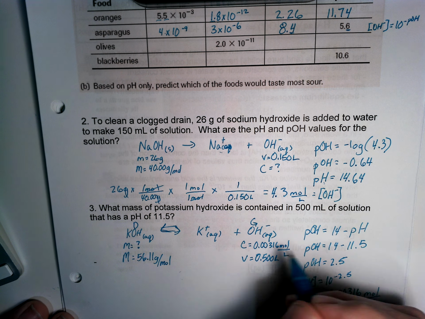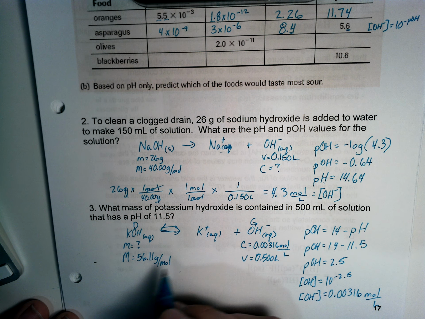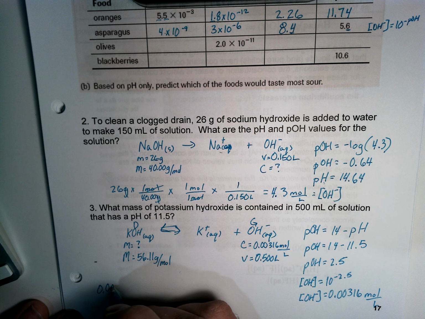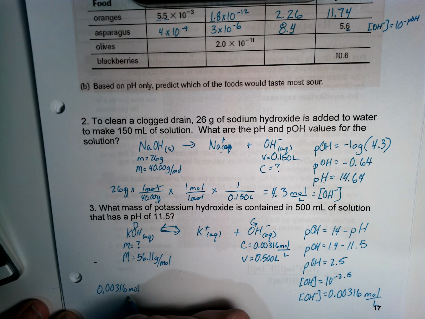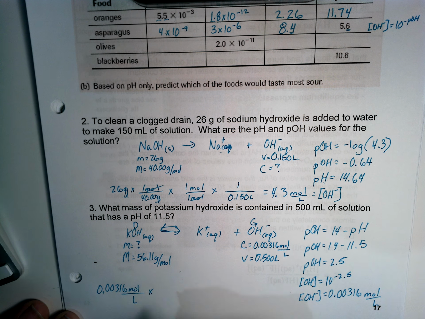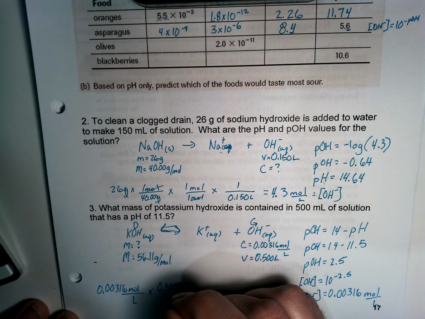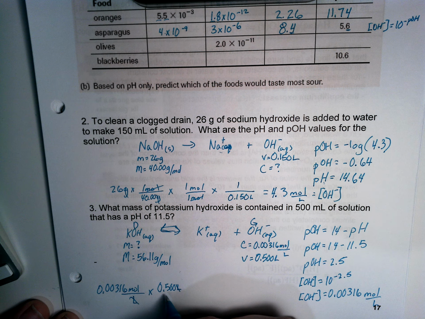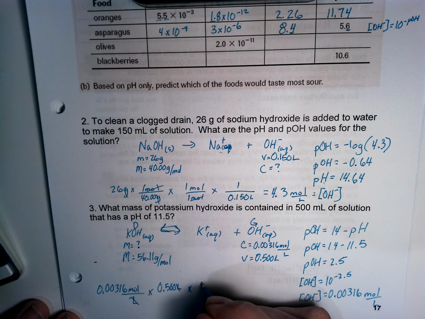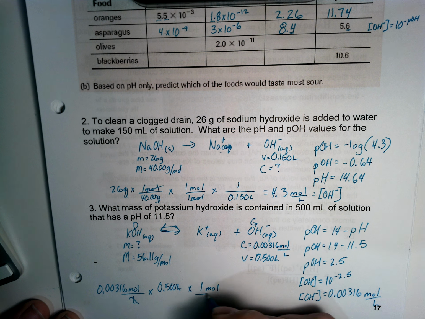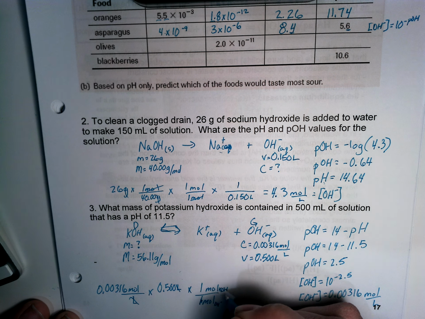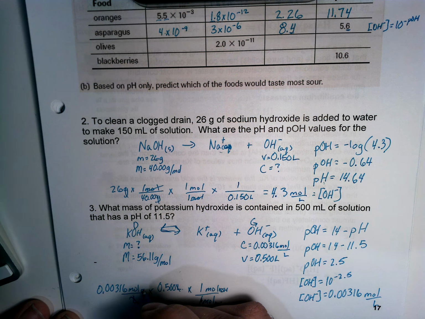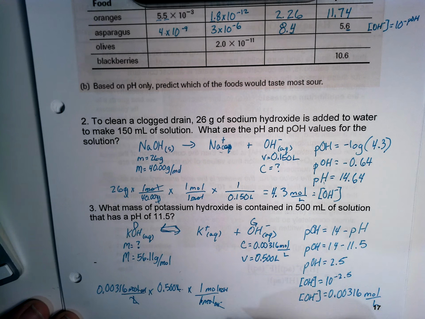Now we're just using stoich. It's a 1-to-1 ratio again, so we'll start with our concentration, 0.00316 moles per liter, times the liters, 0.500 liters. Our liters cancel out, so we have moles of hydroxide. We times that by 1 mole over 1 mole, hydroxide to KOH, so the hydroxide moles cancel out.